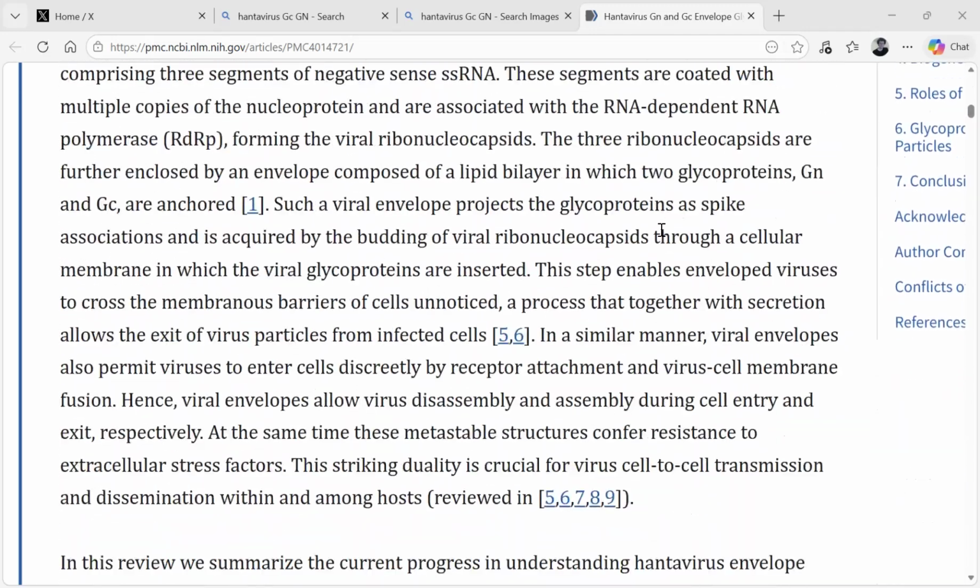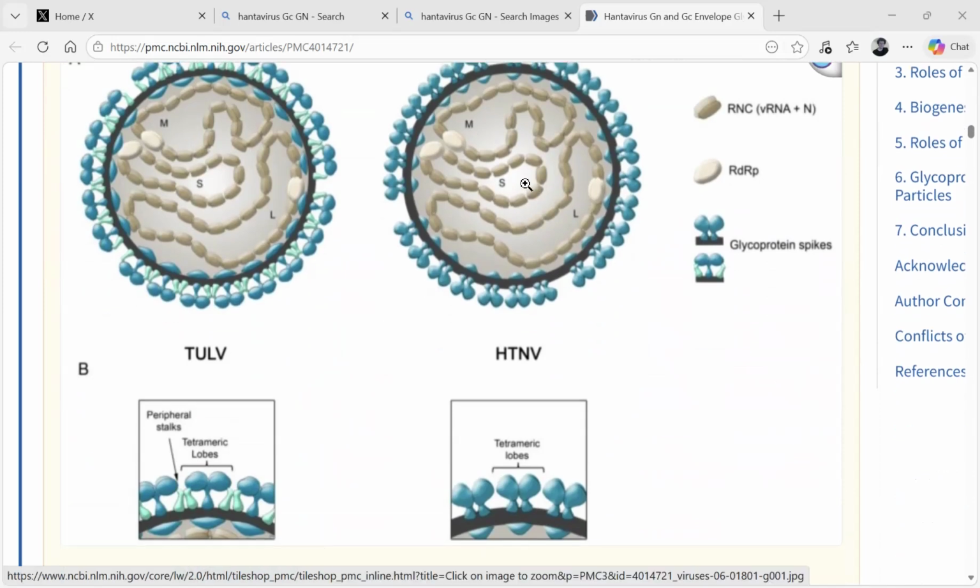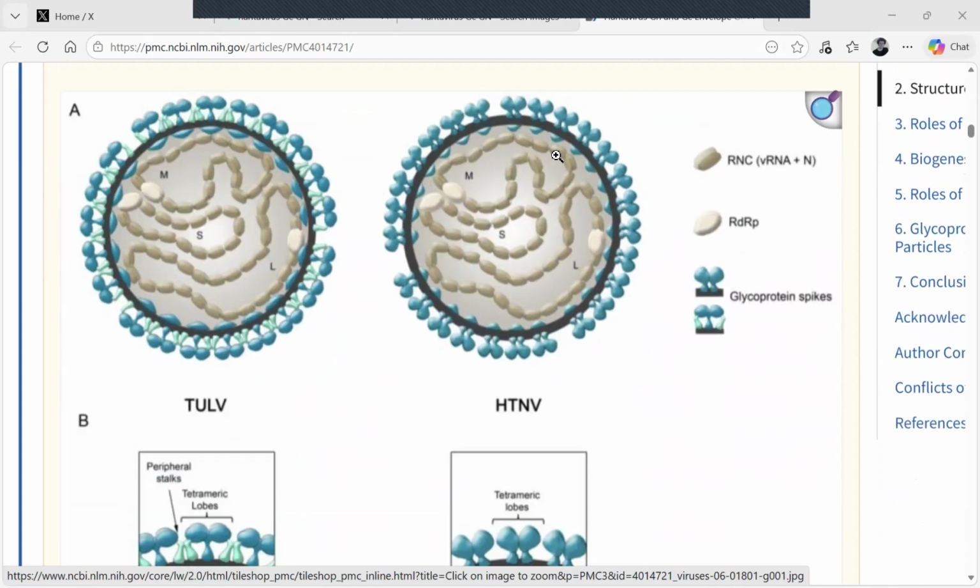Now, let's start with the hantavirus that's shown on the right here.